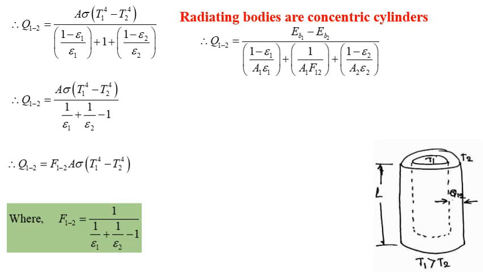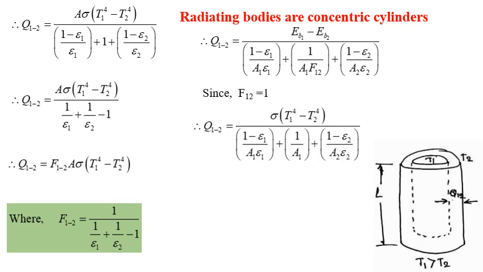Then Q1 to 2 is equal to (emissivity of body 1 minus emissivity of body 2), the whole divided by (1 minus epsilon 1) by A1 epsilon 1, plus 1 by A1 F1 2, plus (1 minus epsilon 2) divided by A2 epsilon 2.